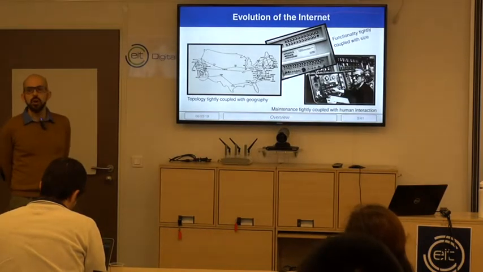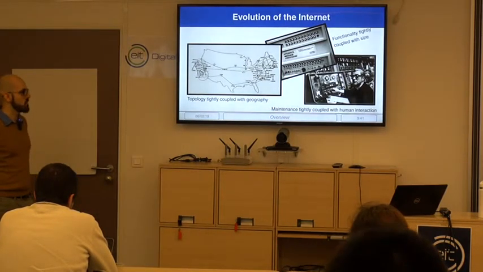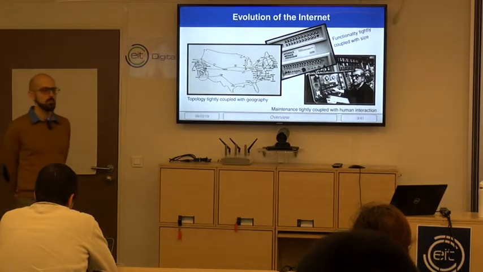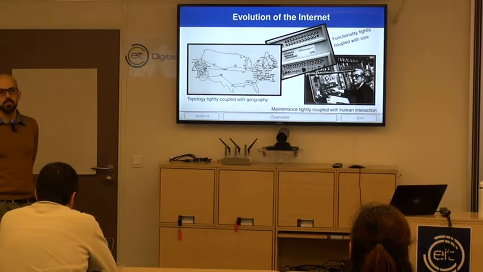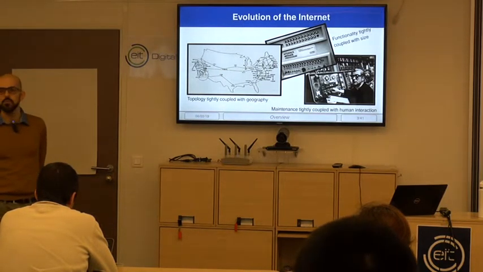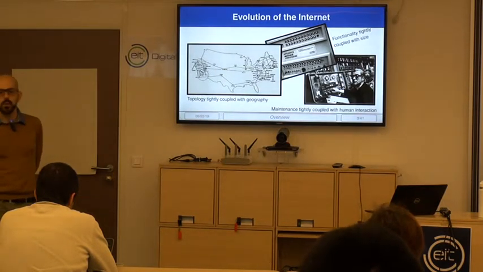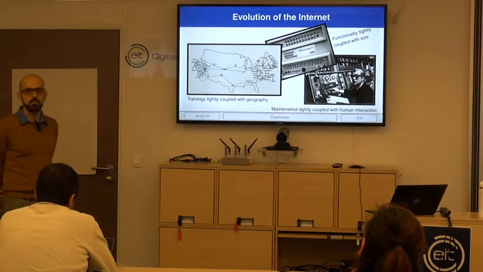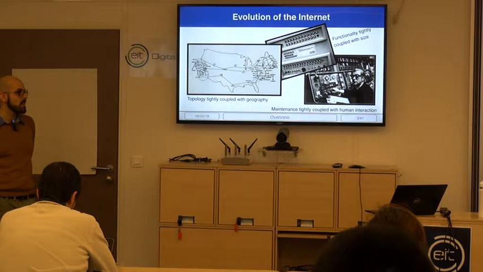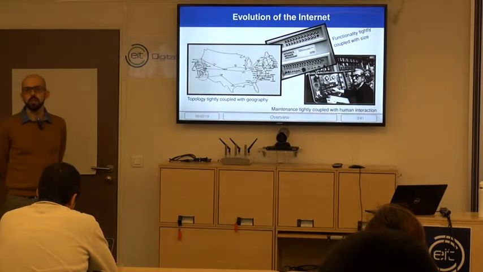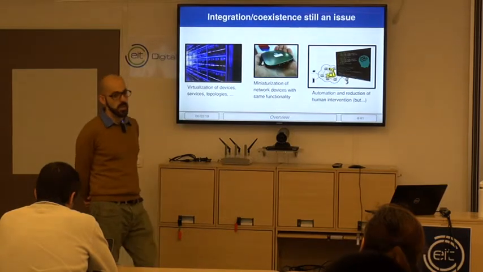So we all know that at the beginning the internet was not what we observe today, because everything was constrained. The topologies were coupled with the geographical locations of the routers. The functionalities were coupled with the size of devices, so more functionalities means bigger sizes. And in general, everything that is related to maintenance was coupled with human interactions.